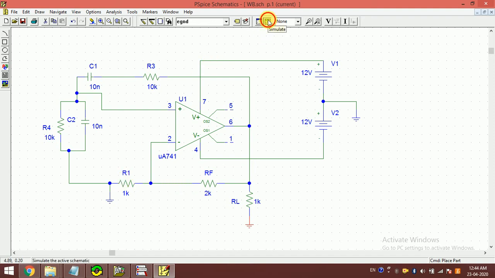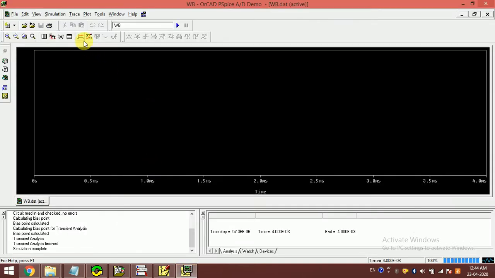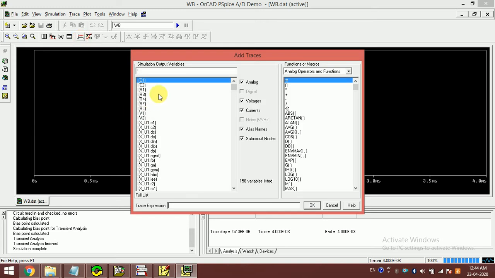If we plot the current across R3 and the current across RF and compare them, this is why I say that for analyzing circuits like an oscillator, it is more convenient to use a simulator compared to hardware.